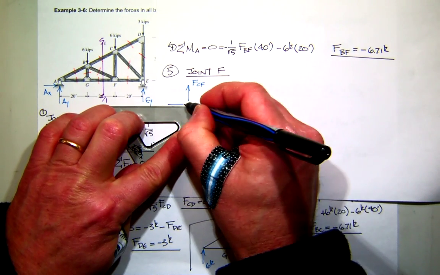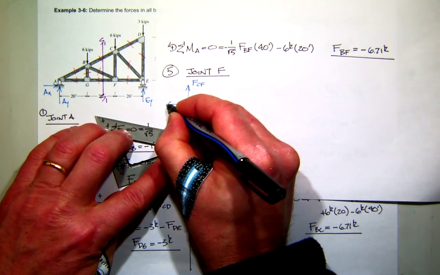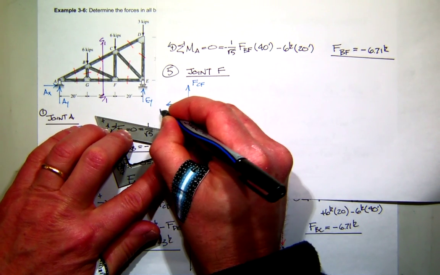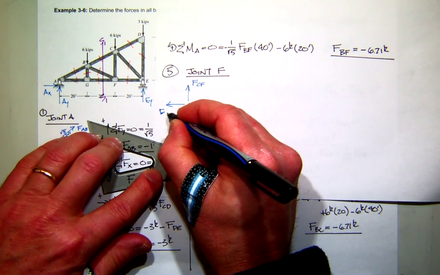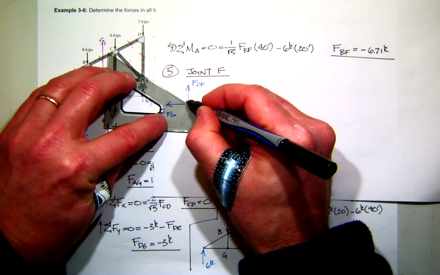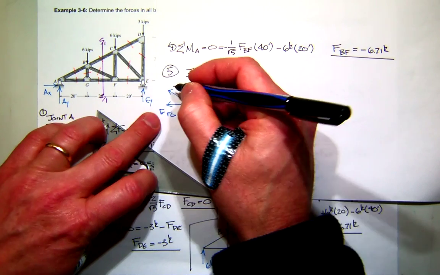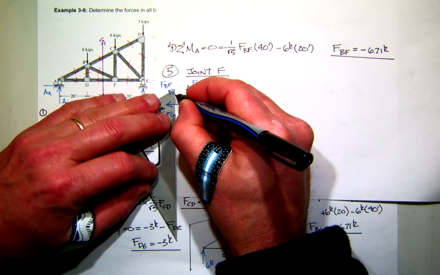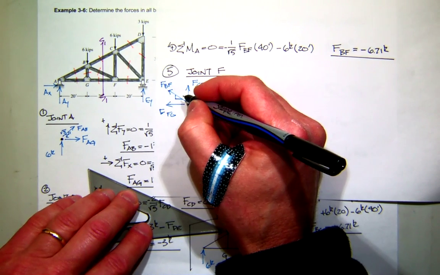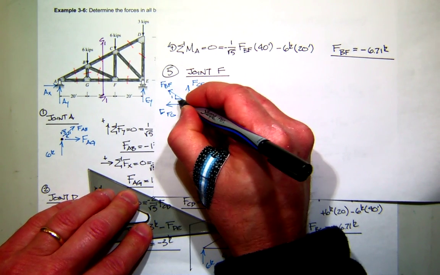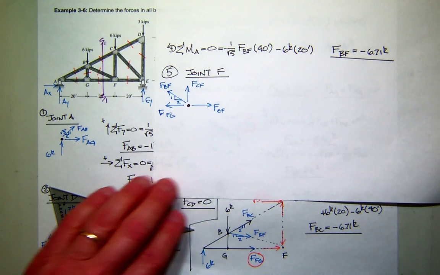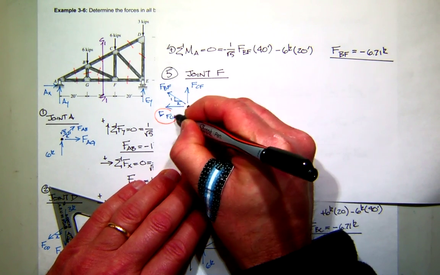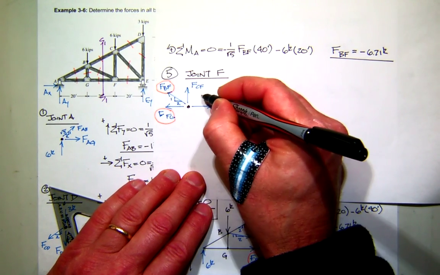I've got the 2 forces acting in the bottom, force EF, force FG, and then one here on the diagonal, which is force BF. And we know that the slope of that force is 1 to 2. That looks like a really bad place to go, but remember, we know this one, this one, and this one. This is the only one we're missing.